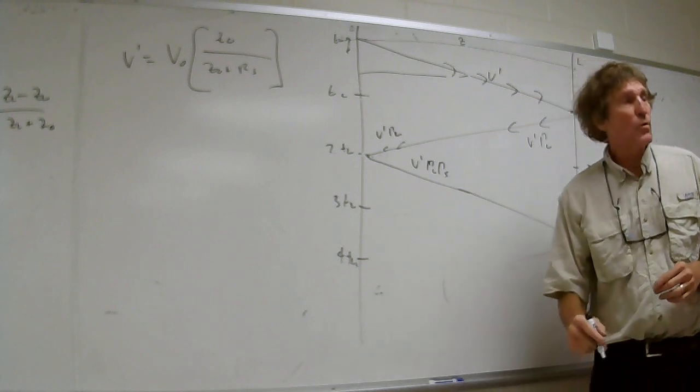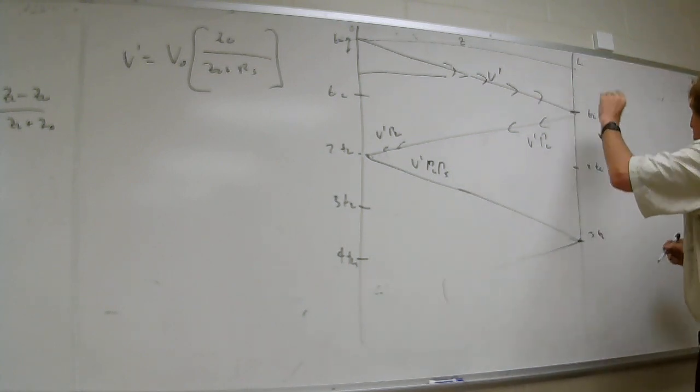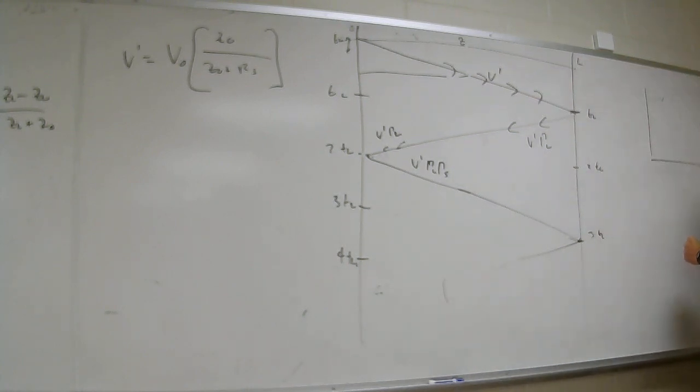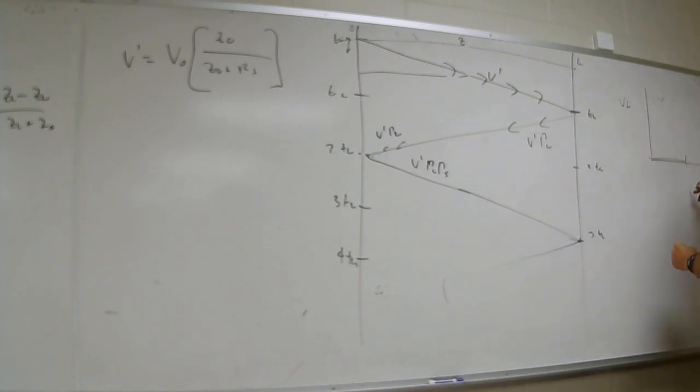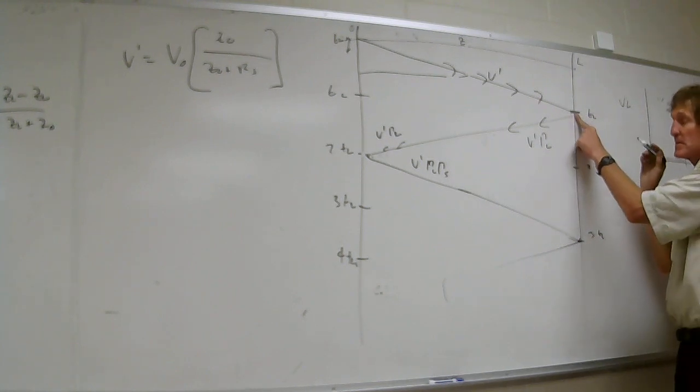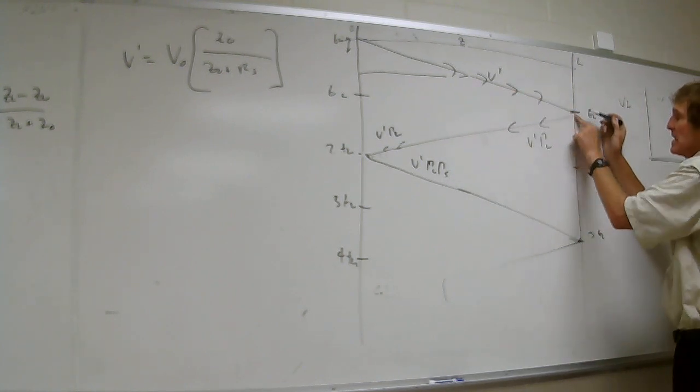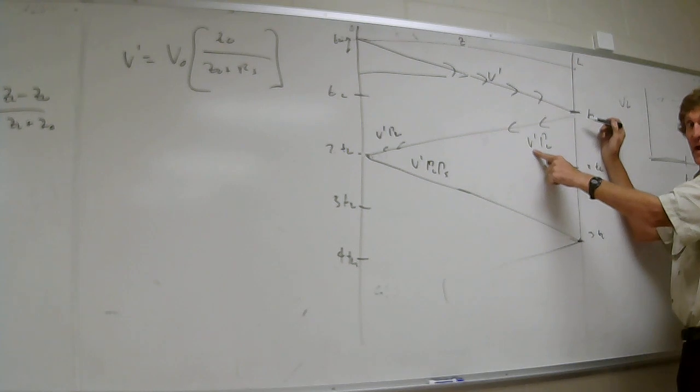So suppose you want to sketch the voltage at the load. Just watch this. If I want voltage at the load versus time, it's 0 until it hits TL. Y'all with me? It takes that long to get there. At TL, now look, at this point, it's a superposition of the incoming and outgoing. Y'all follow me on that?